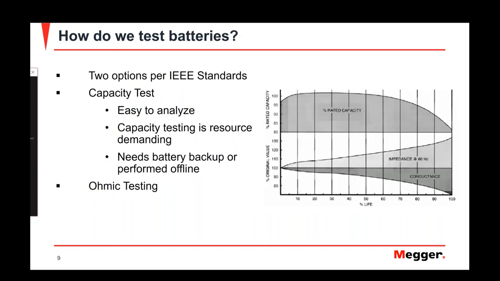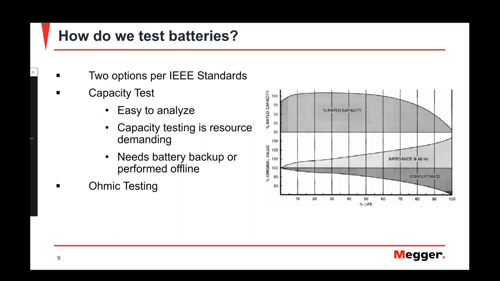So to be able to do this, we have 2 options per IEEE standards. We have the capacity test, which is the main option, and a capacity test or a load test is an easy to analyze test. And whenever we're done doing this test, we are going to know the true capacity of our batteries. However, there is some drawback.